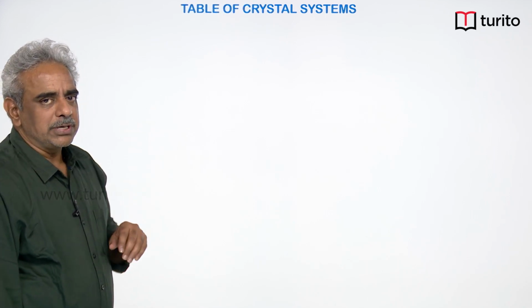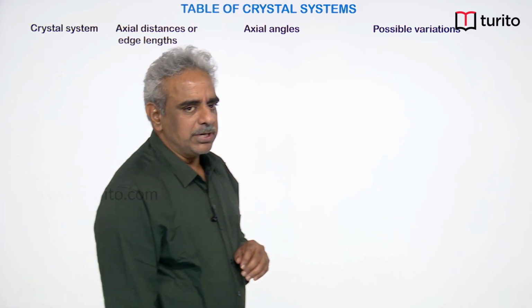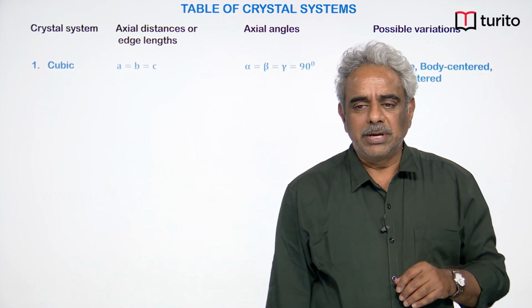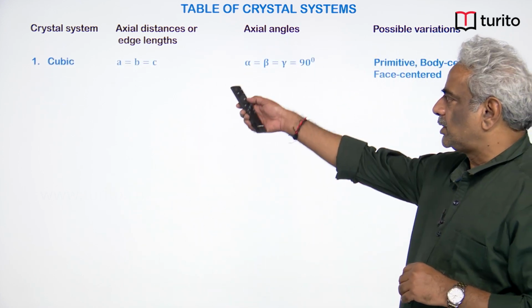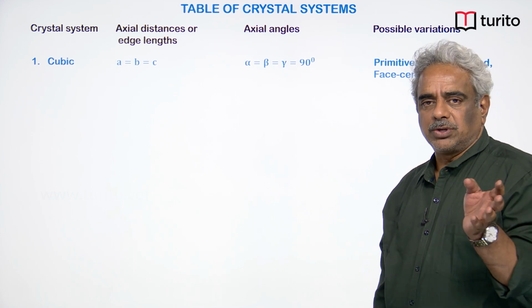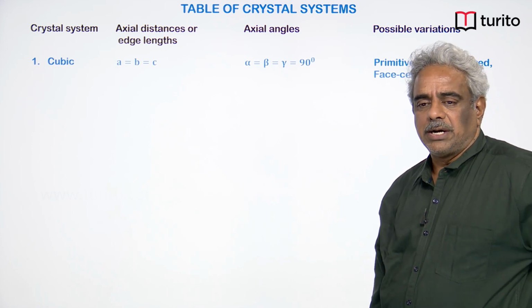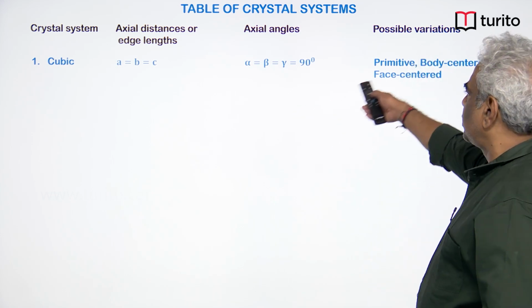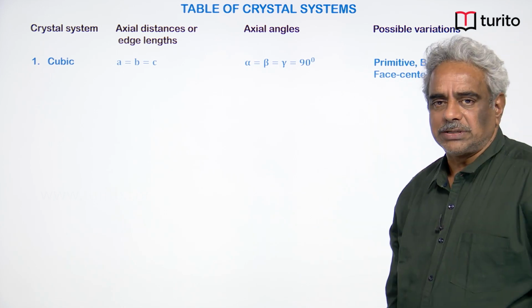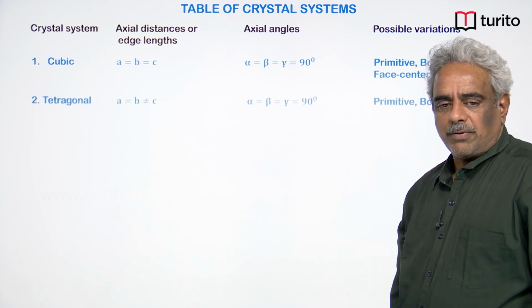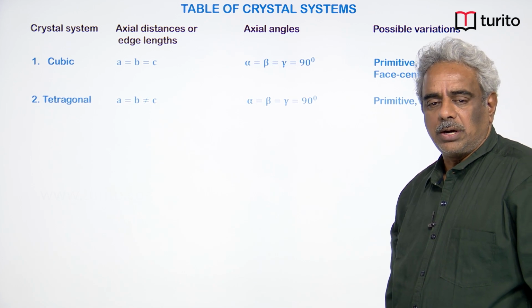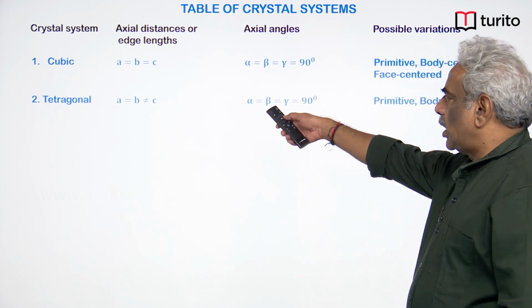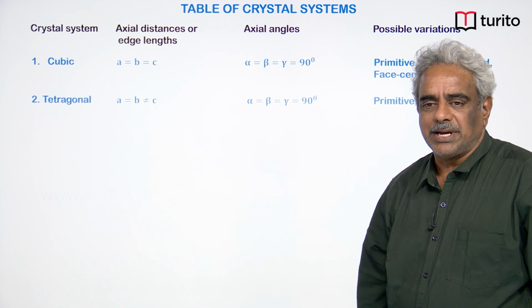Later, we have seen some table of crystal systems in our previous discussion. Cubic crystal system with a equal to b equal to c, alpha, beta, gamma same, 90 degrees. In cubic crystal system, you have got three varieties of unit cells. Then we appreciated tetragonal, where a, b not equal to c, these three angles are same.